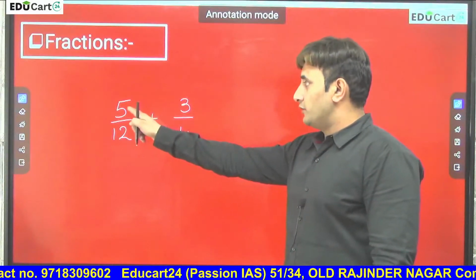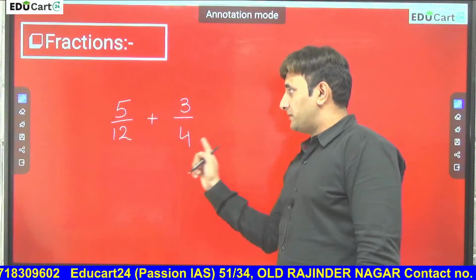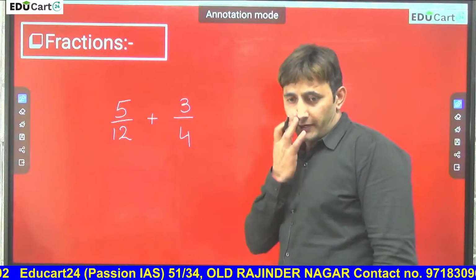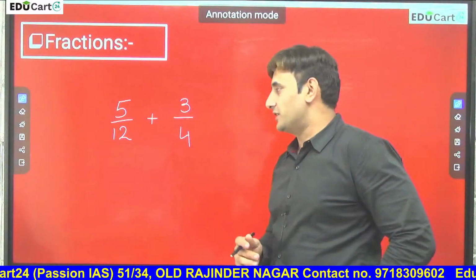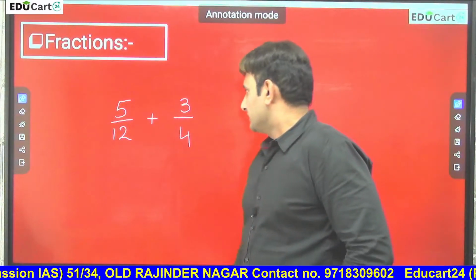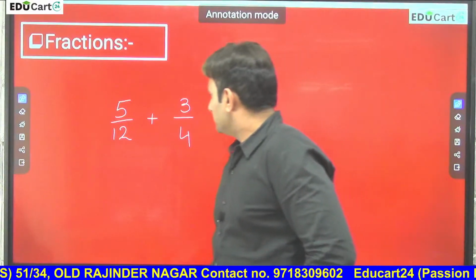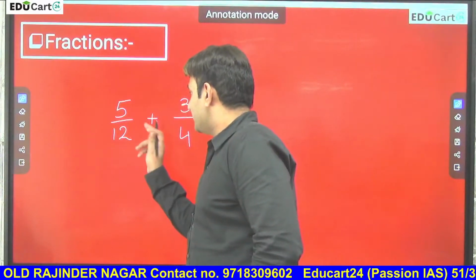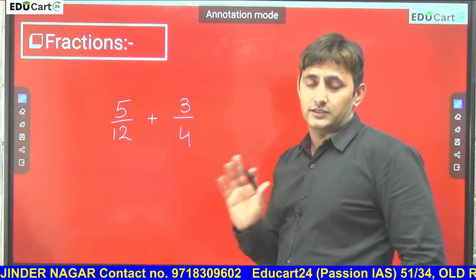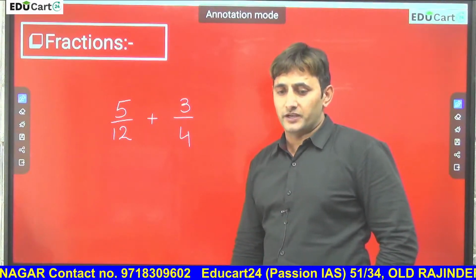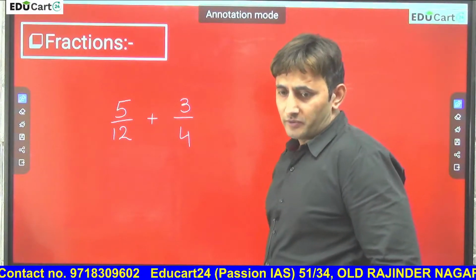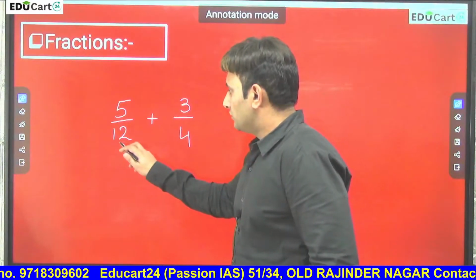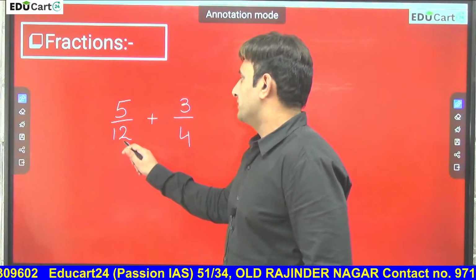Can I simply do 5 plus 3 is 8 and 12 plus 4 is 16? One of the students asked me this. That's a silly doubt, but anyway, it depends upon the person. My dear, in this case, we can add the numerators only if their denominators are the same. Their denominators have to be equal. So let us make their denominators equal.